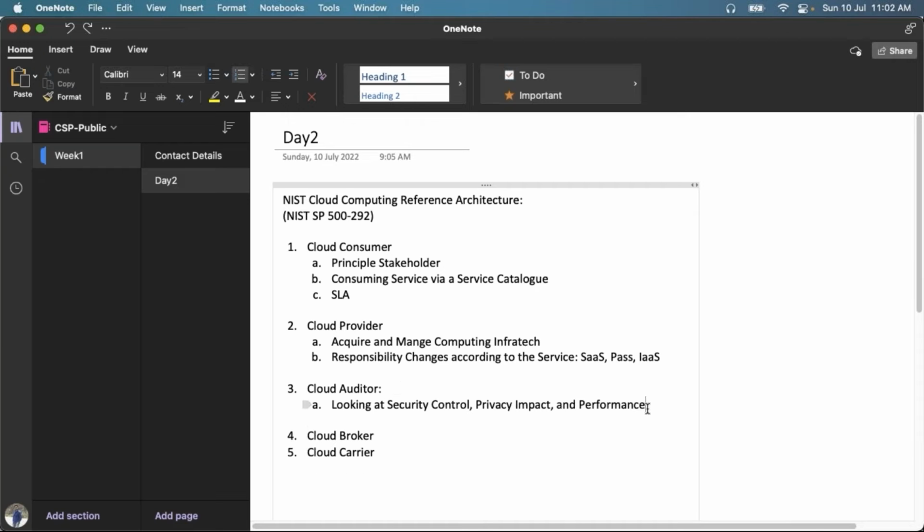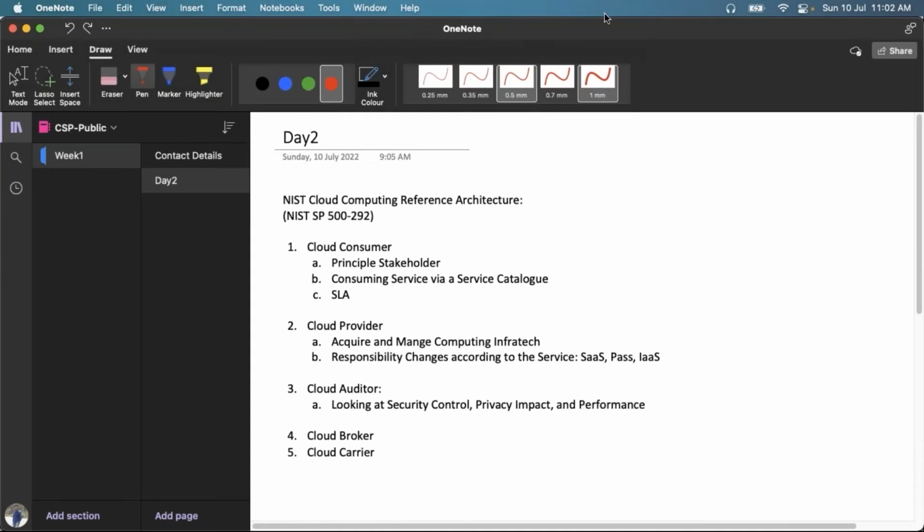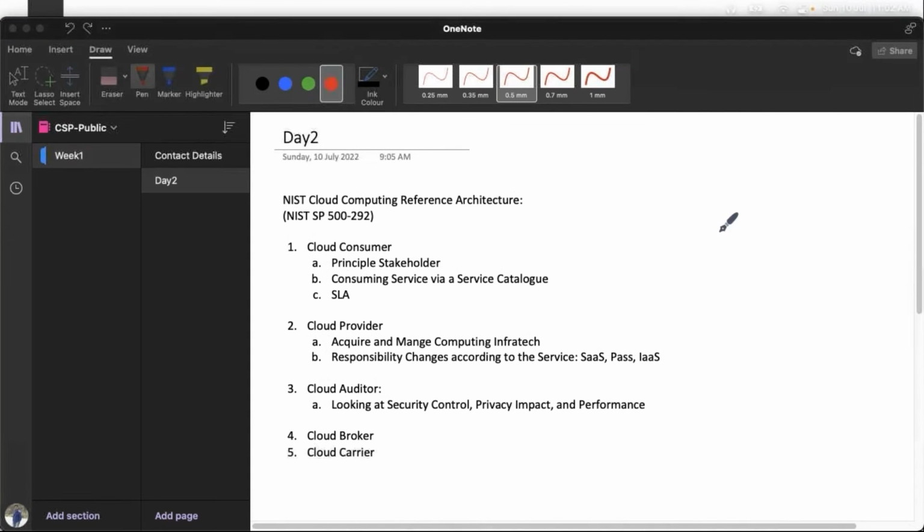So the outcome is going to be a report, showing where you are lacking in security. One thing is that the cloud auditor will be working in two aspects. One is the role, which will be a third-party independent one, hired by the cloud service provider.